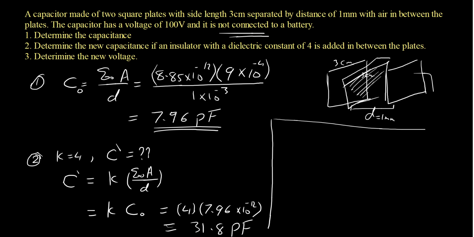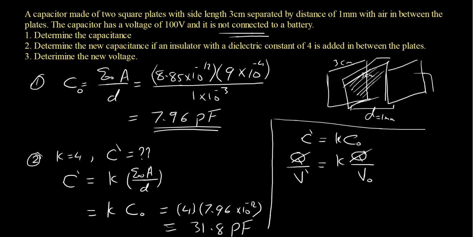So we know that the capacitance with the dielectric equals K or kappa multiplied with C naught. Now we know this is going to be Q over the new voltage equal to kappa Q over the initial voltage when it was 100 volt. Now because the battery is not connected, no more charge will be delivered.